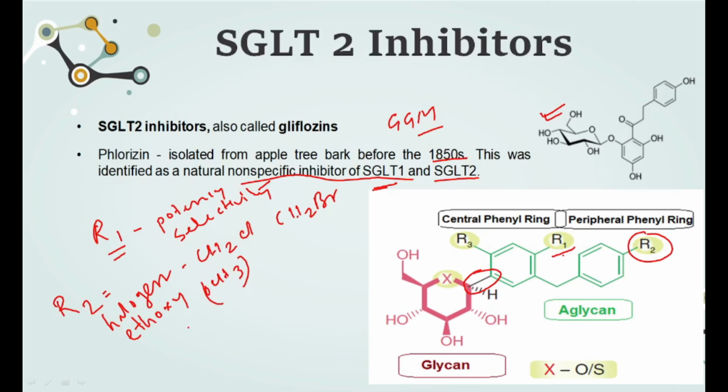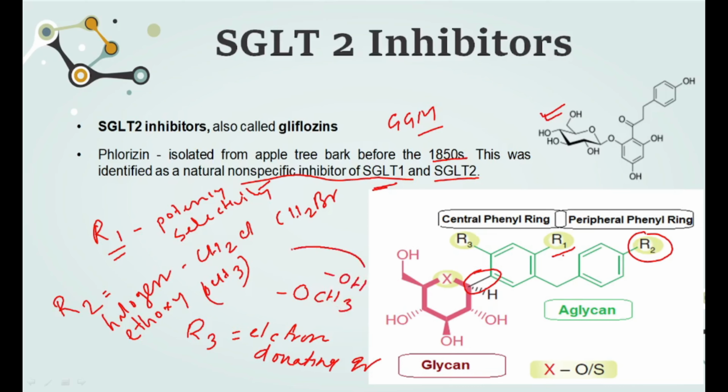And if we are talking about R3, an electron donating group is favored, like OCH3 and OH.